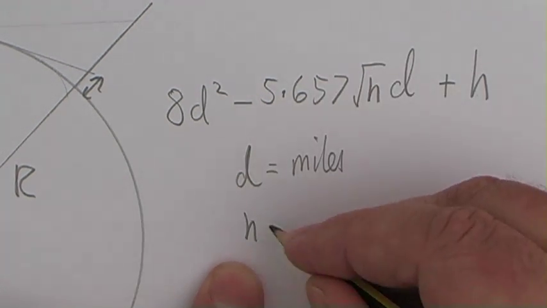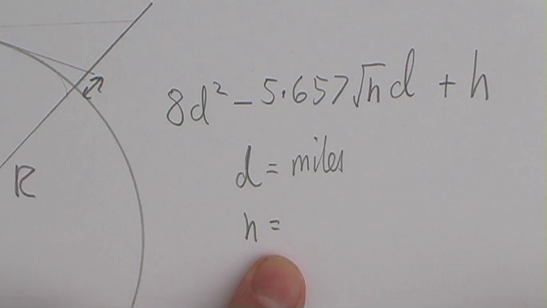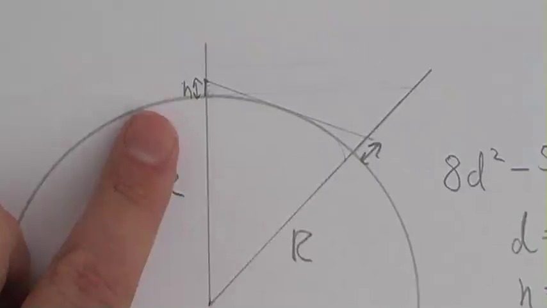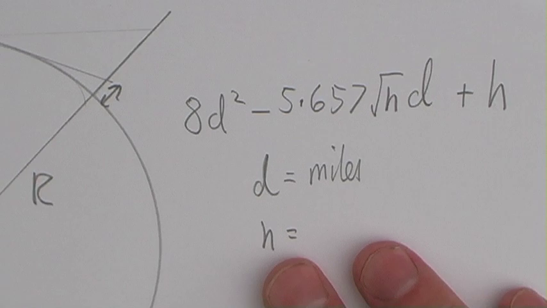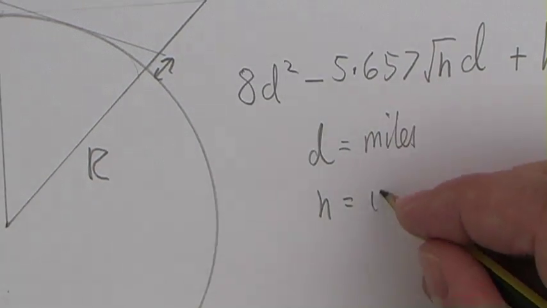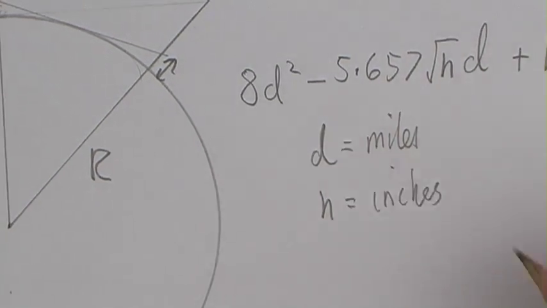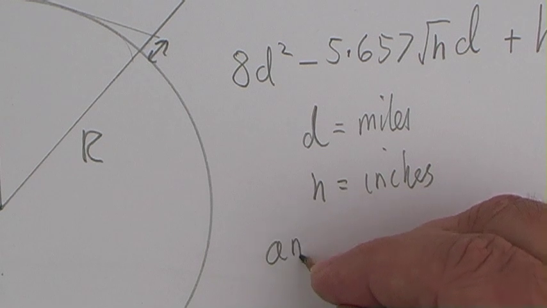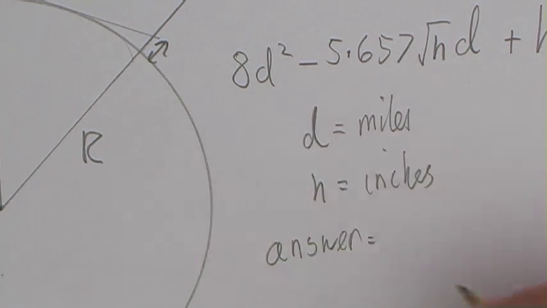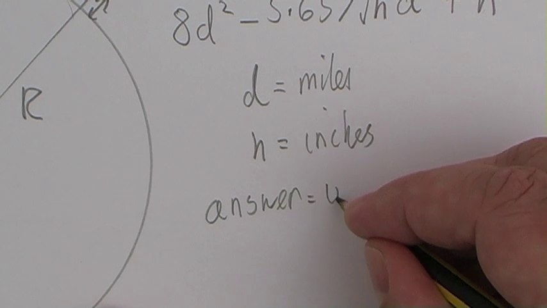H for this formula is the height that your eyes are above the ground, so like there, and that's going to be in inches. And the answer that this formula gives you is in inches.